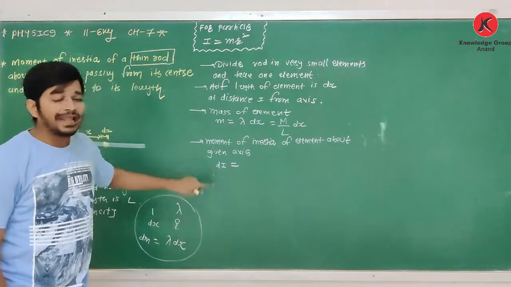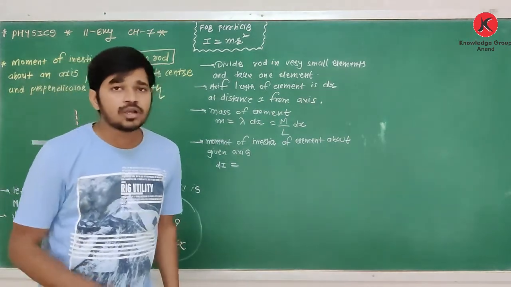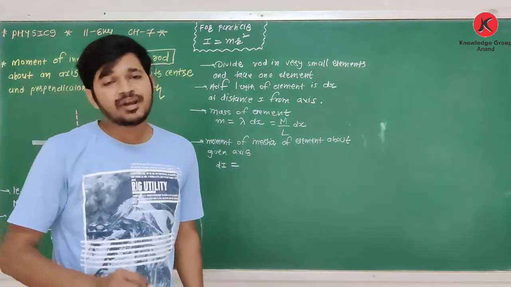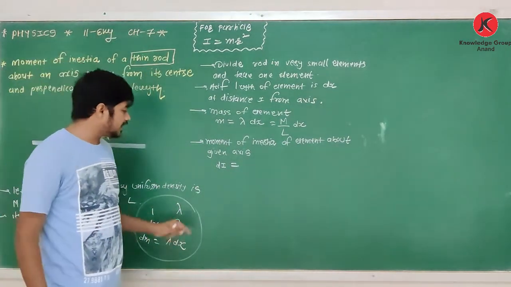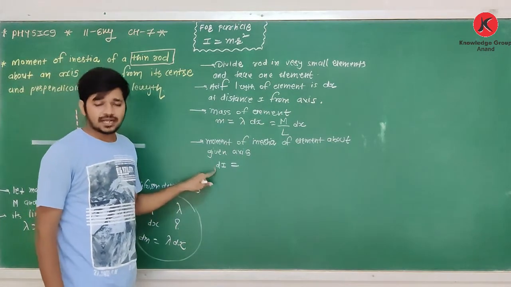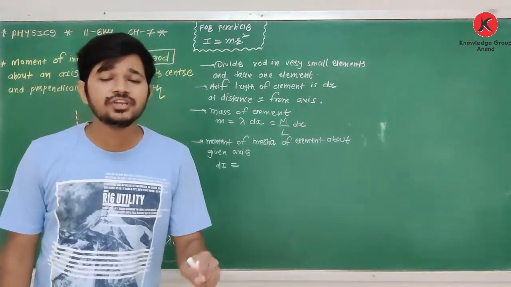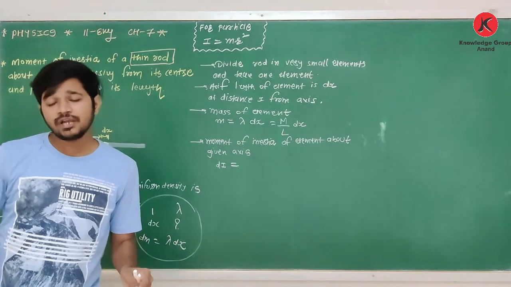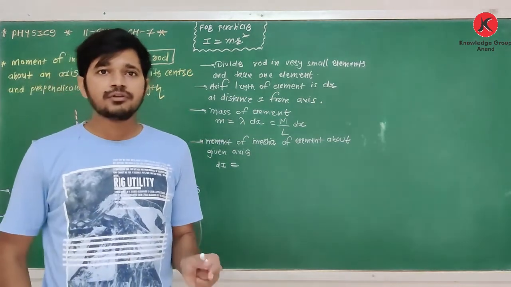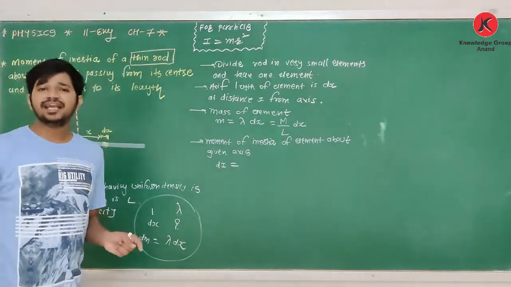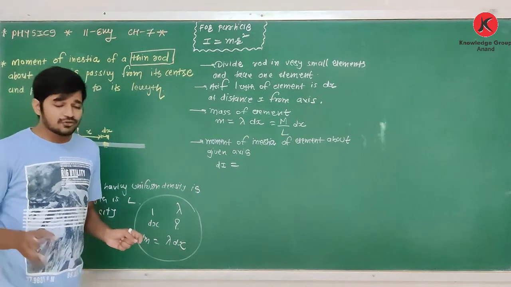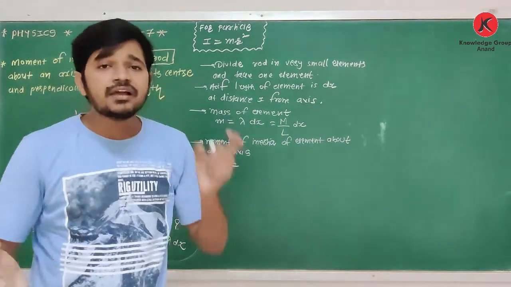The moment of inertia of the element is very small. So whenever you find a quantity for any small element or small particle, you have to write d. For moment of inertia, it is dI. If you find mass, you write dm. If you find electric field, you write dE, and so on. If you find force, you write dF.